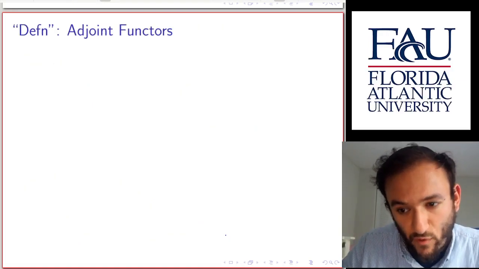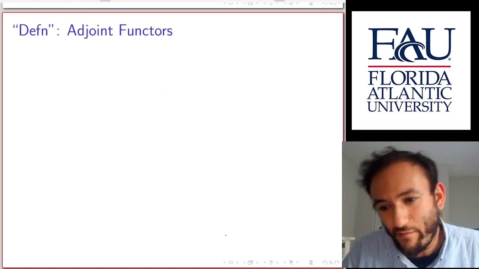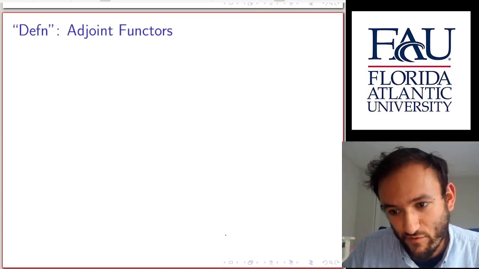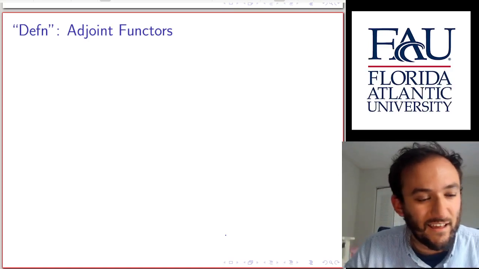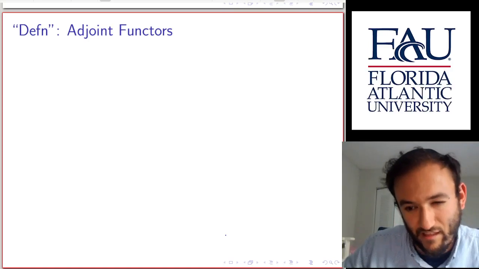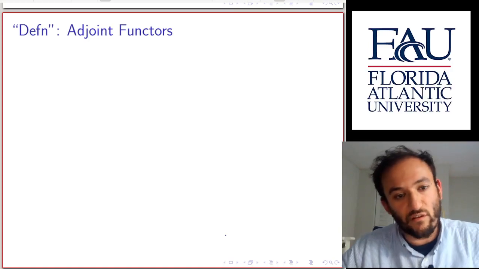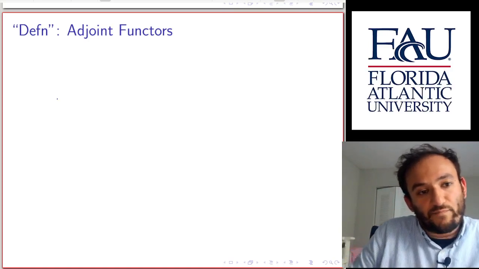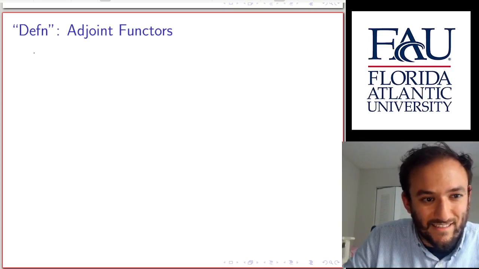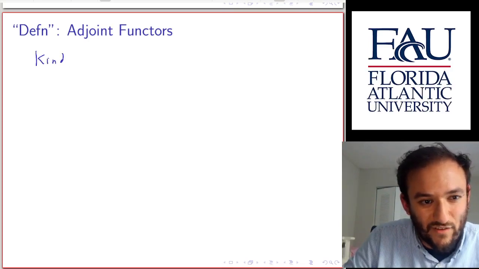Before we do that, we're going to give a quasi-definition. Again, I apologize for the shakiness of a lot of these definitions. I don't want to do a full category theory unit, but I still think the general notions of category theory are very useful here. So a quasi-definition of an adjoint functor is that it's kind of like an inverse functor.